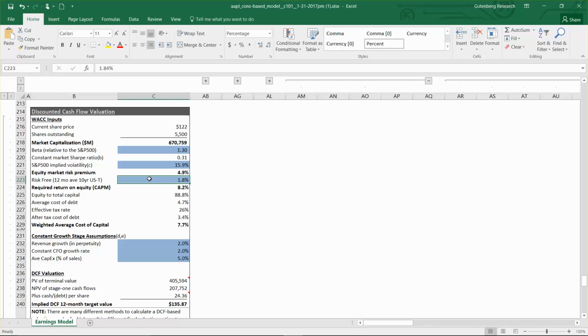All the equity risk premium is, is the required return that investors will have to be compensated for in excess of the risk-free return. So what that means is during periods of high volatility and uncertainty, investors will require a greater level of return, and during stable times, they'll require less return.